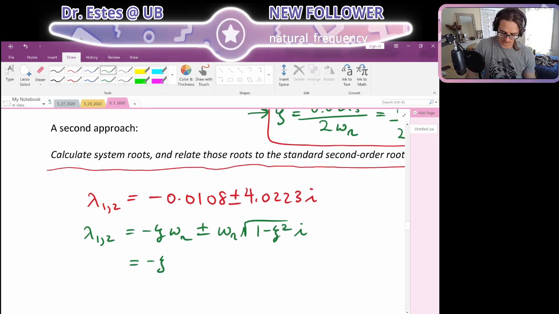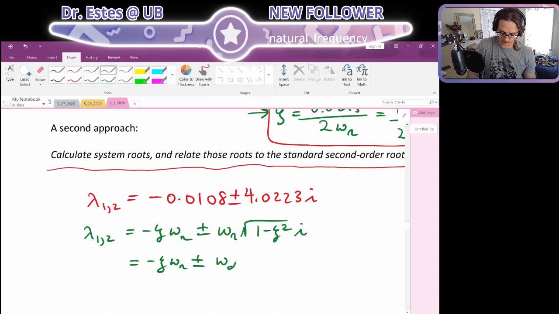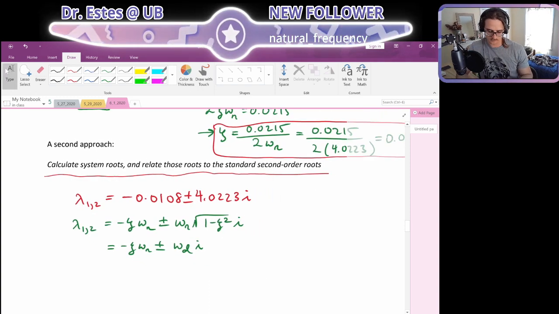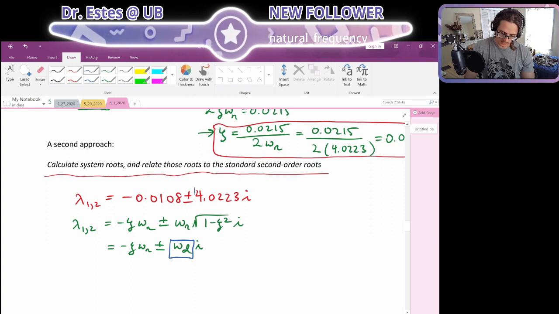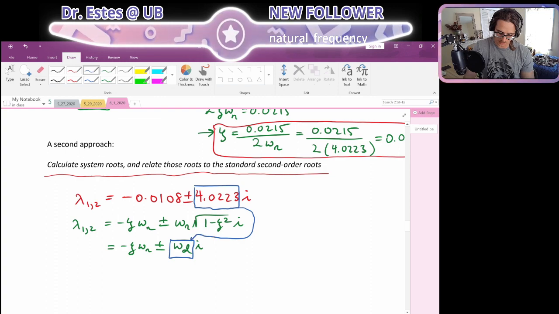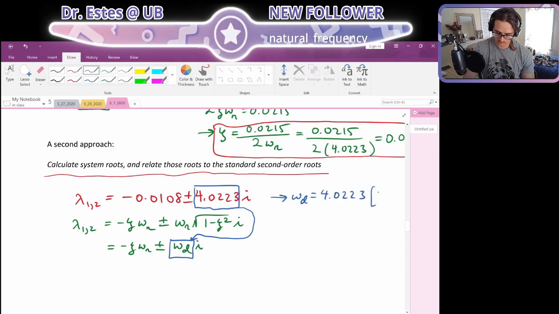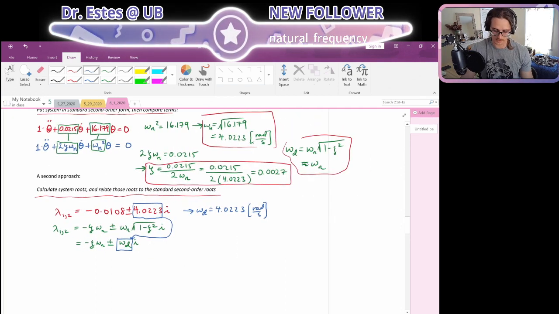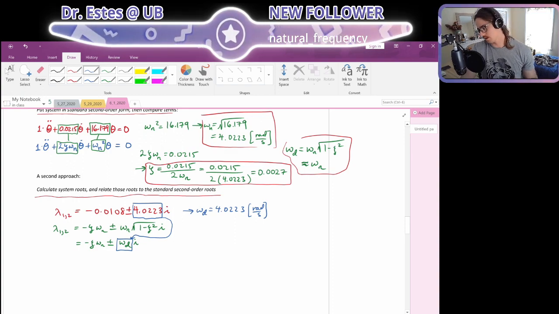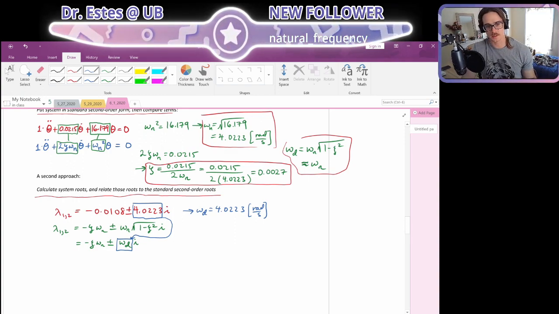And we know that this is equal to omega d times I. So actually this method is easier for grabbing omega d because the imaginary part of your root is automatically equal to the damped natural frequency. Boom. Is that what our natural frequency was? Yeah, and you see the natural frequency was essentially that same number.